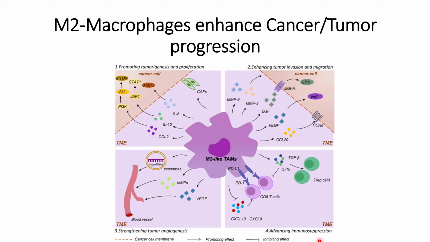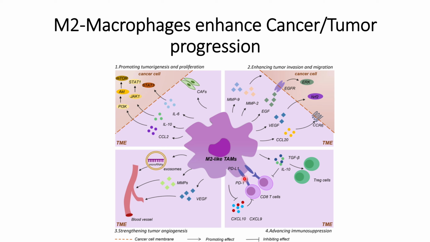Last, we will discuss how these macrophages, this TAM, help in immunosuppression. They help in immunosuppression first by reducing the CXCL2 and CXCL10 cytokines, and thereby inhibiting the CD8 plus T cell recruitment at the site of cancer progression.